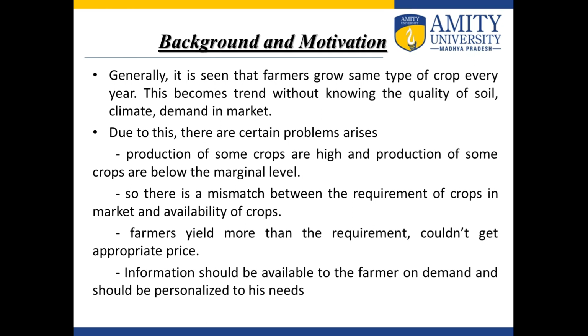If they require pulses, from my study they can get benefited. What is the better land, or what is the land suitability where we can produce this type of crop? Basically, our idea is to track all these things, so what is the right place to grow or sow particular seeds.